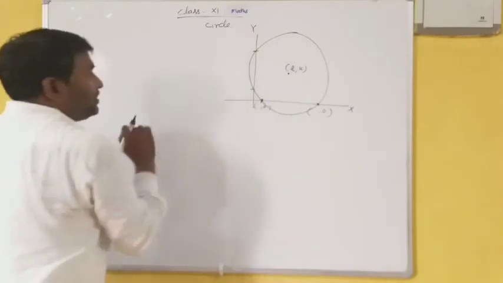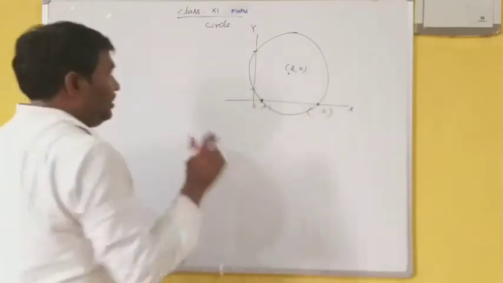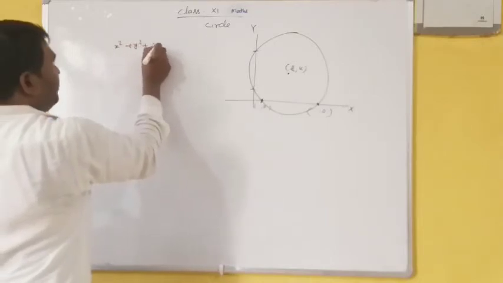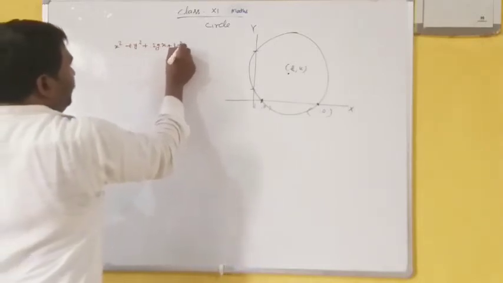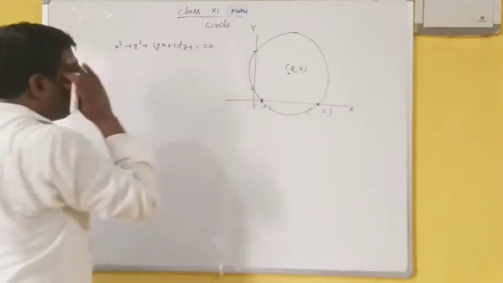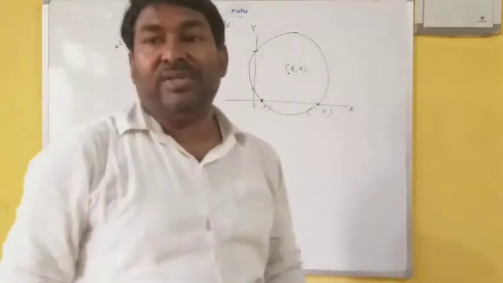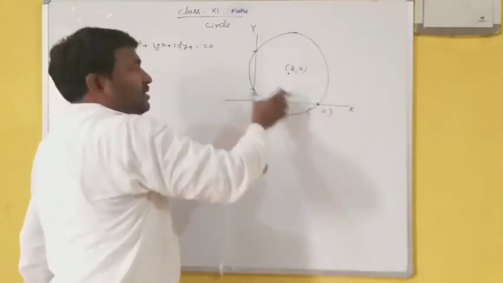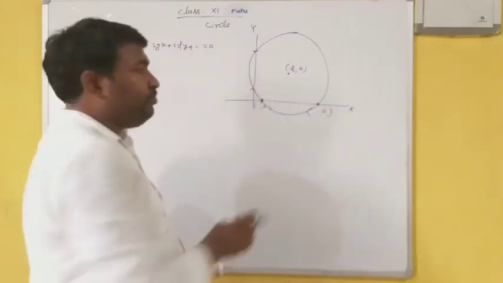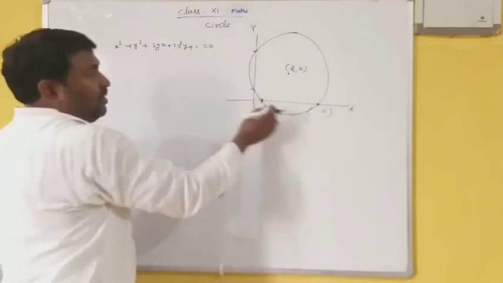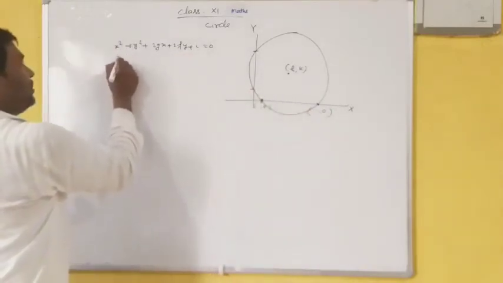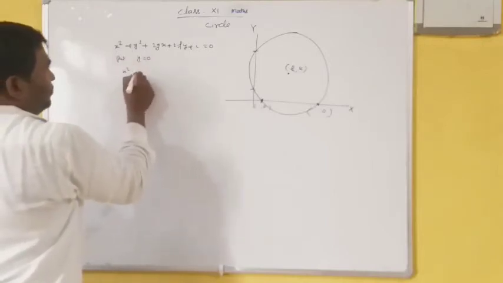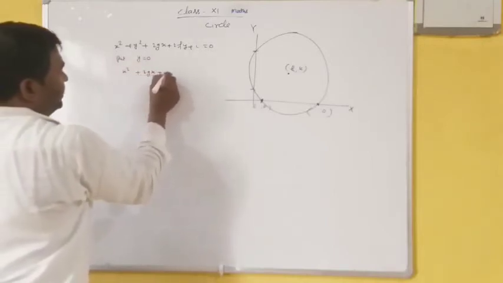Therefore, suppose the general equation of the circle is x square plus y square plus 2gx plus 2fy plus c is equal to 0, which is given. If the equation of a circle is given and you have to find the intercept cut by this circle on the x-axis, then put y is equal to 0 in the equation of the circle. So putting y is equal to 0, what do you get? x square plus 2gx plus c is equal to 0.